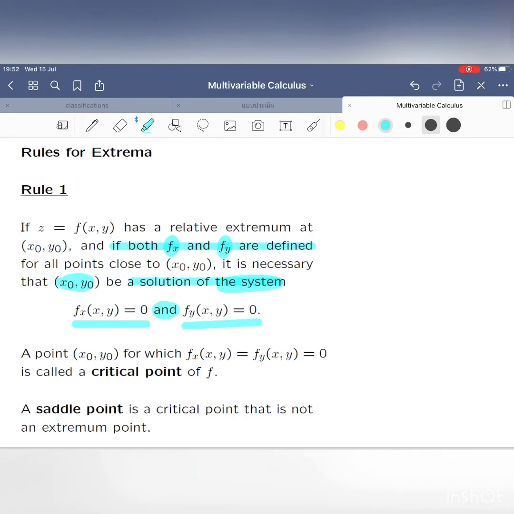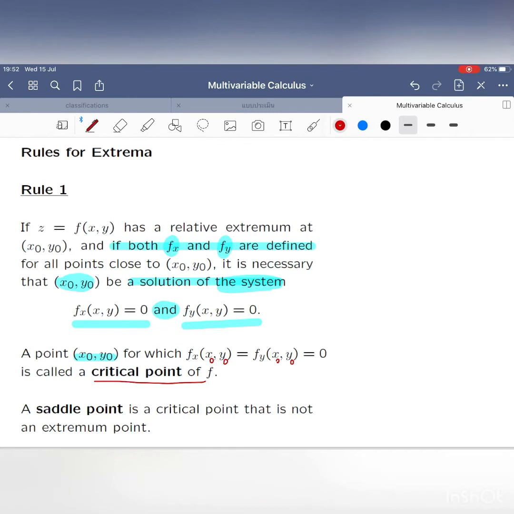And the point x0, y0, where all these partial derivatives with respect to x and with respect to y at this particular point equal 0, is called a critical point of a function f.